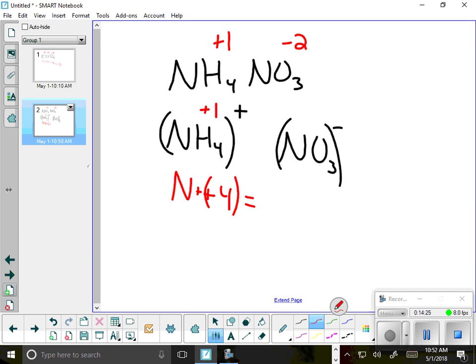In the previous problem, I had the compound equal out to 0 because it was a neutral compound. Is the ammonium polyatomic ion neutral? No, it's a +1 charge. So in this case, I'm going to have it all equal out to +1.